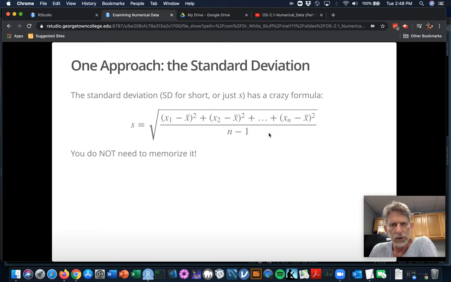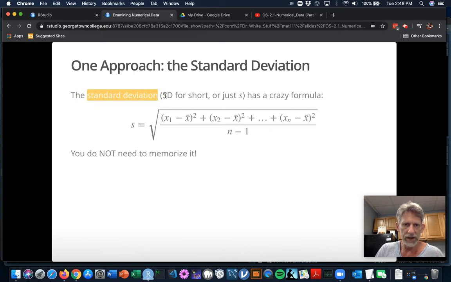There's a couple of different approaches to this, but one very common approach is to give people the standard deviation of the data. Now, the standard deviation, you'll often see that written in the slides as SD for short. You'll often see it written in stats textbooks as s, sample standard deviation.